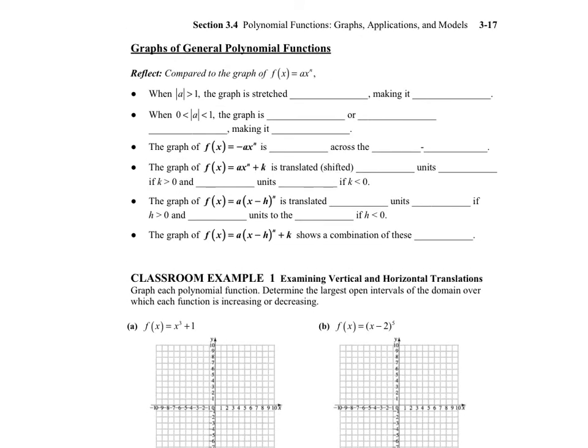Okay, so graphs of general polynomial functions. You've already seen this a lot. When a is greater than 1, the graph is stretched vertically, making it narrower.